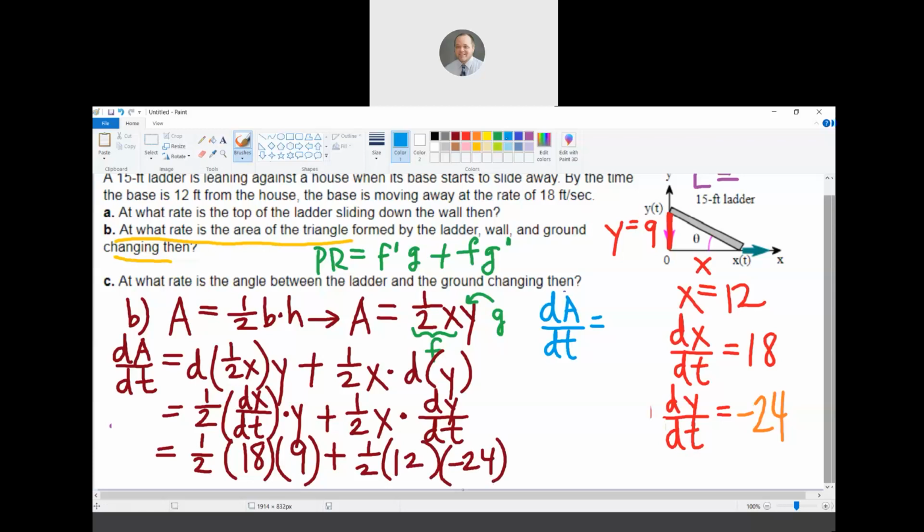So when we do all the calculations, let's see, half of 18 is 9, times 9 is 81, half of negative 24 is negative 12, times 12 is negative 144.